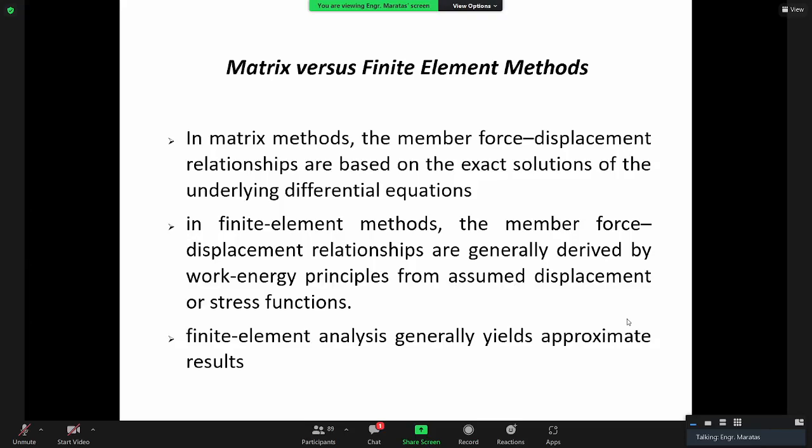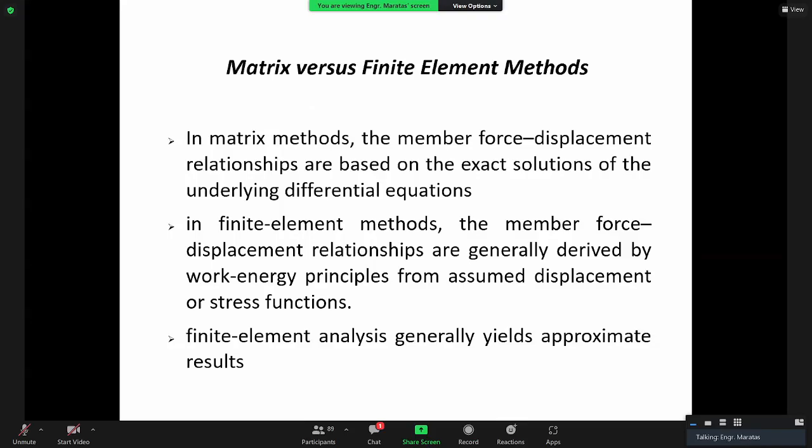Now, in matrix methods, the member force displacement relationships are based on the exact solutions of the underlying differential equations. I believe you know differential equations, or advanced engineering mathematics. So this member force displacement relationship is normally based on the exact solutions of the underlying differential equations, but we have to express this in matrix form so we can solve it numerically.